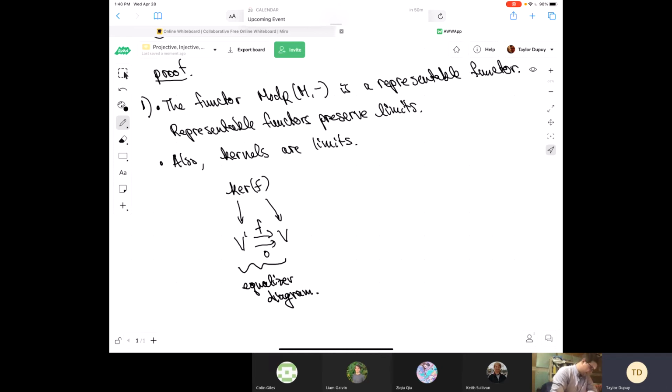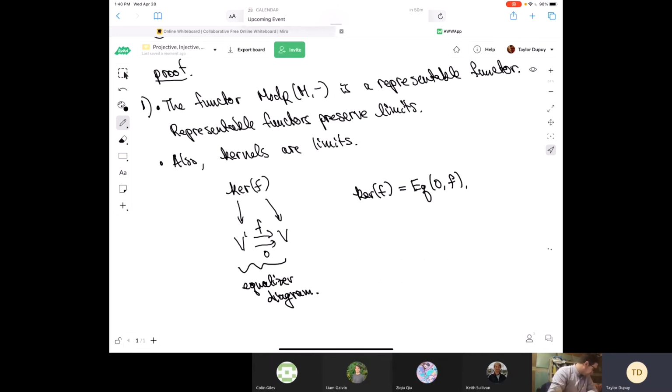And this map here, 0, denotes the zero map. In other words, the kernel of F is the equalizer of the zero map and F.